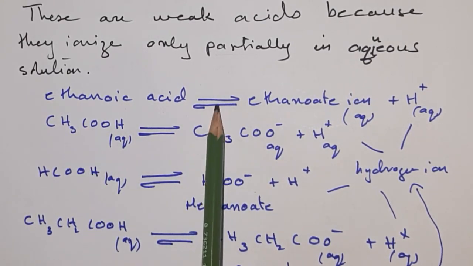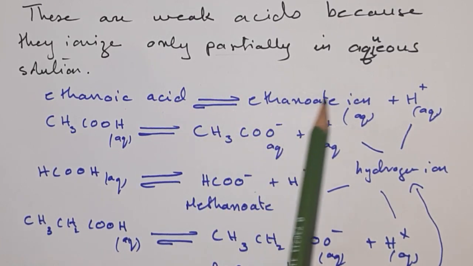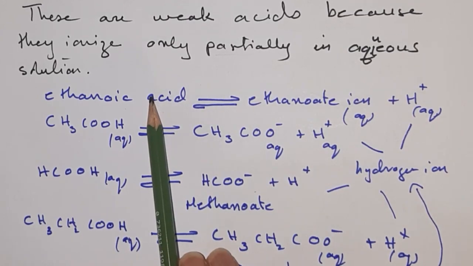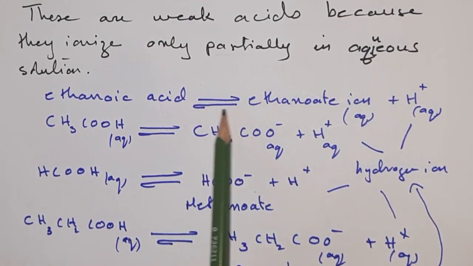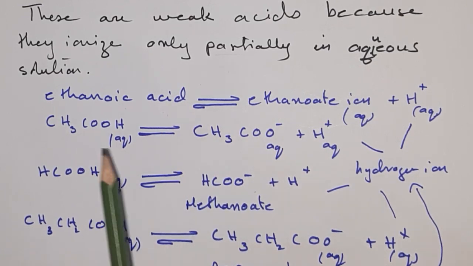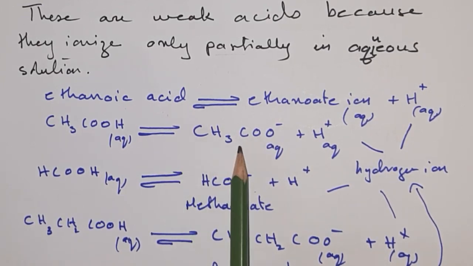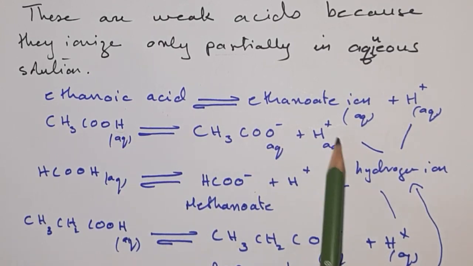So, we have written a reversible sign over here, that is an equilibrium between the ions and the acid itself. There is a forward reaction and also the backward reaction. Ethanoic acid ionizes as acetate ion. This H is going to be removed and will form H positive aqueous.